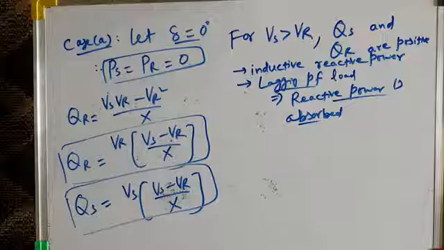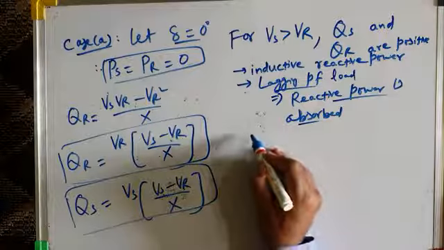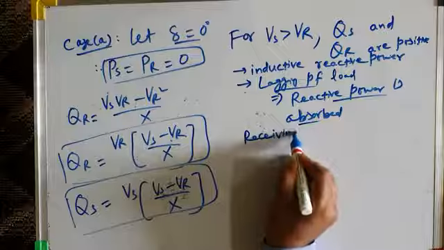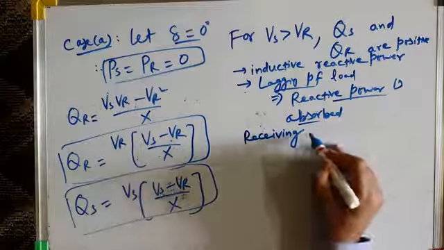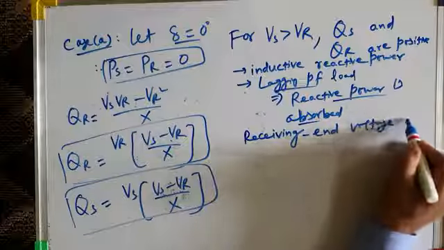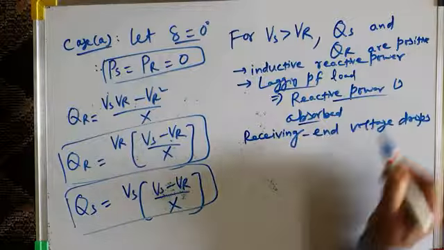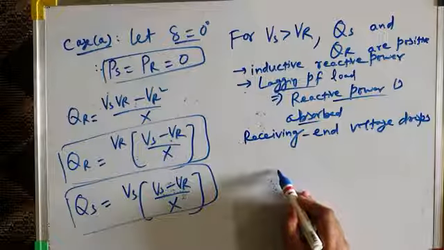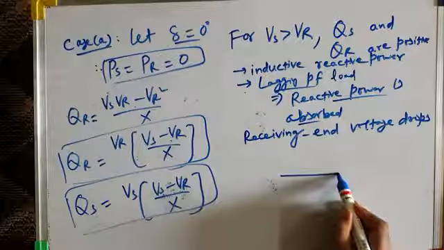Okay, so when there is a positive reactive power flow over the transmission line, it means the receiving end voltage will decrease. The receiving end voltage will be less than sending end voltage, so there will be a drop in the receiving end voltage. I can explain this with the help of a simple phasor diagram.